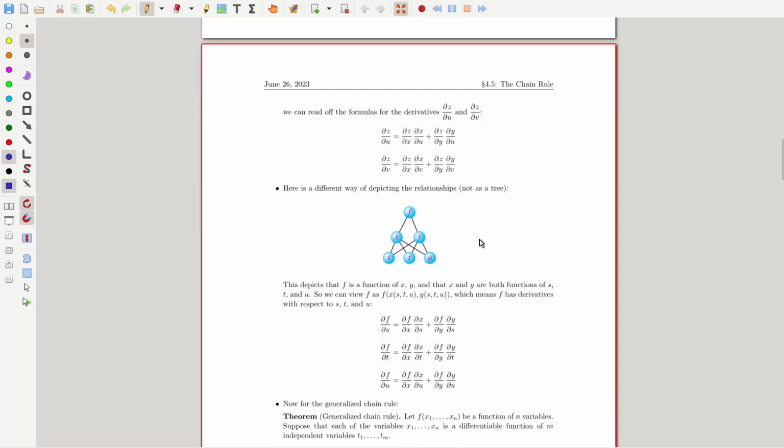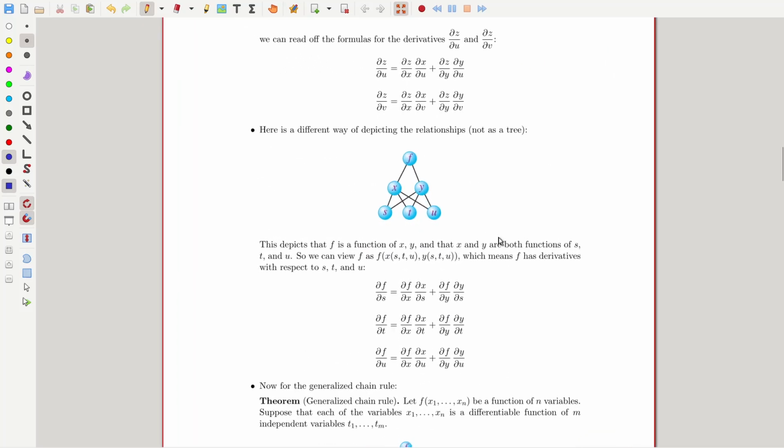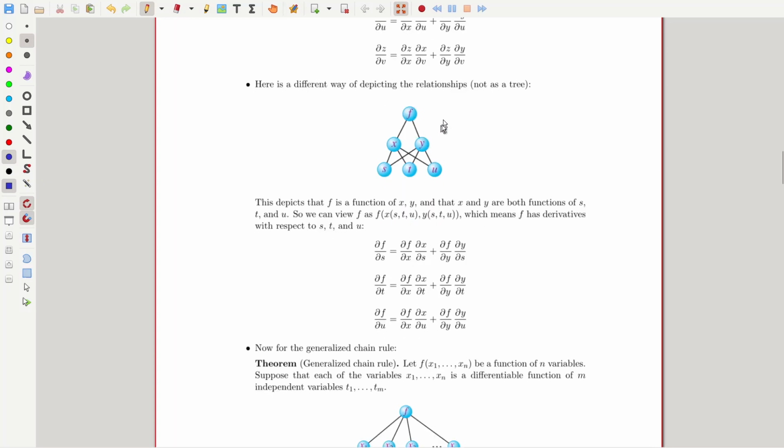Okay, so yeah, this is what I was saying. Instead of trees, as the book does, we can just do a graph, a general graph of the connections between things. So f depends on x and y, x depends on s, t, and u, y also depends on s, t, and u. So this diagram is depicting this kind of situation.